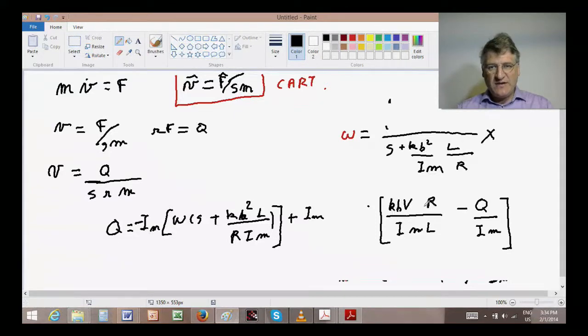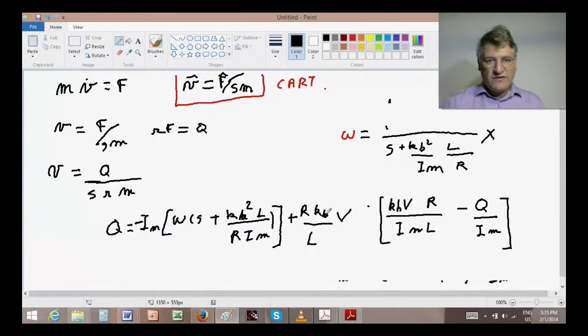So Im times this times that, where V is the voltage, simplifies to R times KBV divided by L times V, the voltage across the armature of the motor.